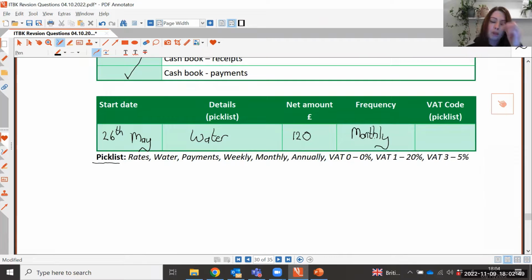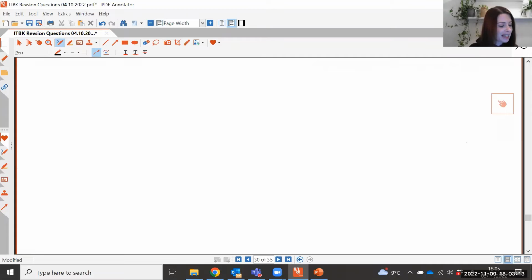And then what would we put underneath the VAT code? Yeah, so looking at the pick list, the option that we have, yeah, you're right. So it's VAT 0 to 0%, good. Excellent.